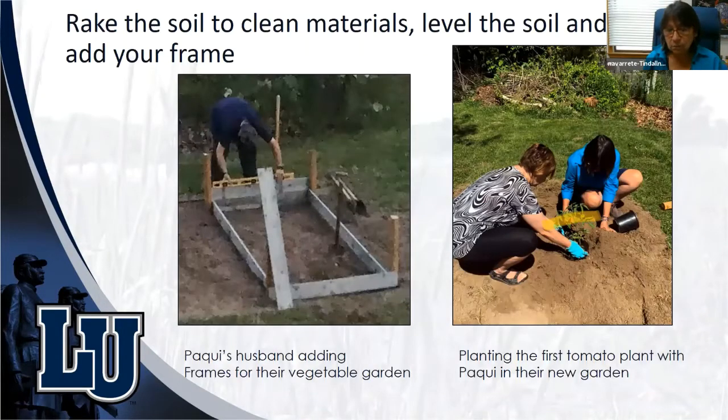Rake the soil to clean the materials, level the soil, and then add your frame. Here again, we're with Paki, where he's planting. It was a family project, so husband and son were helping. And here we're just planting the first tomato in their garden with Paki.